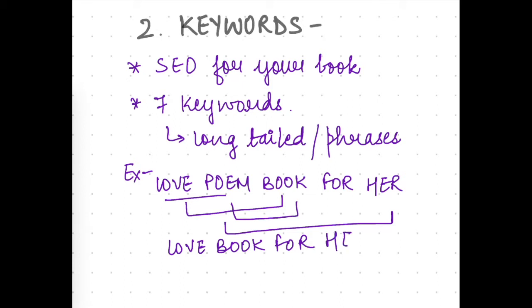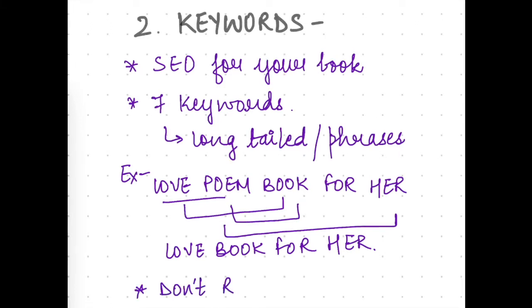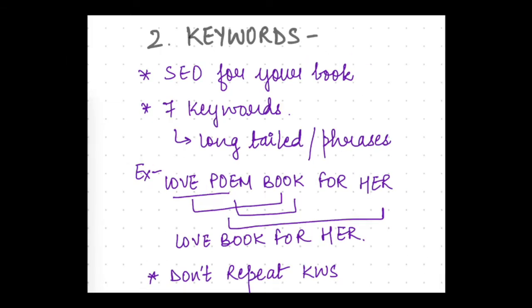There are some other things that you should also know in terms of selecting your keywords. That is, you don't repeat your keywords, because these keywords are really important and you only have limited characters to form your keywords, which help in the search engine optimization of your book itself.